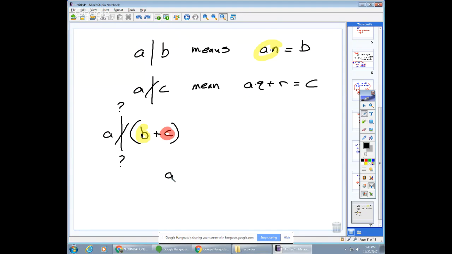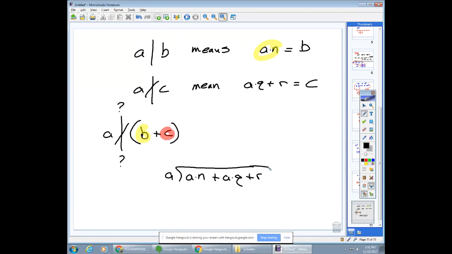I'm trying to take A into B, which is really A times some number. And I'm trying to take it into C, which is A times some possibly other number plus a remainder. Now, keep in mind the remainder, if A is 7, what are the possible remainders I can have? 1 through 6. Now, it can't be 0, right, because we said it doesn't divide. So you're right, it's going to be 1 through 6.